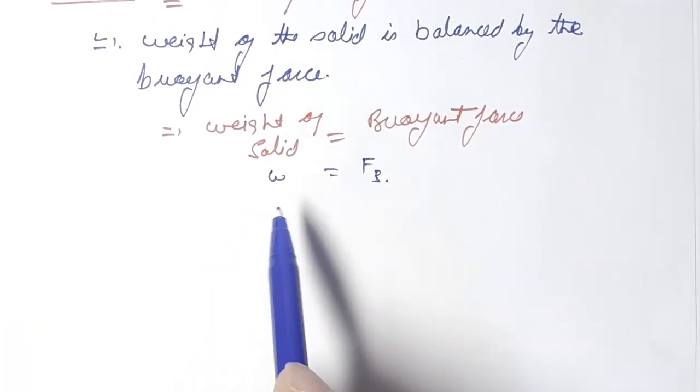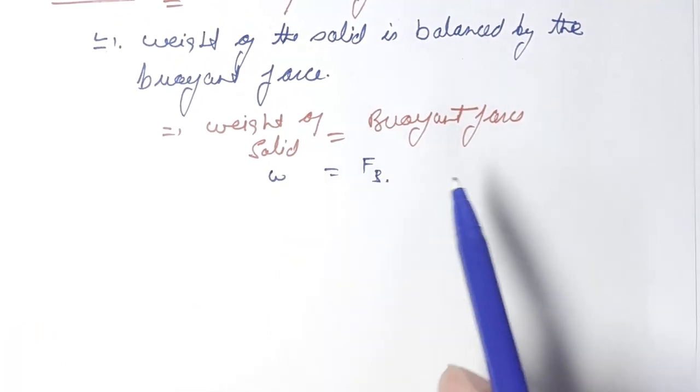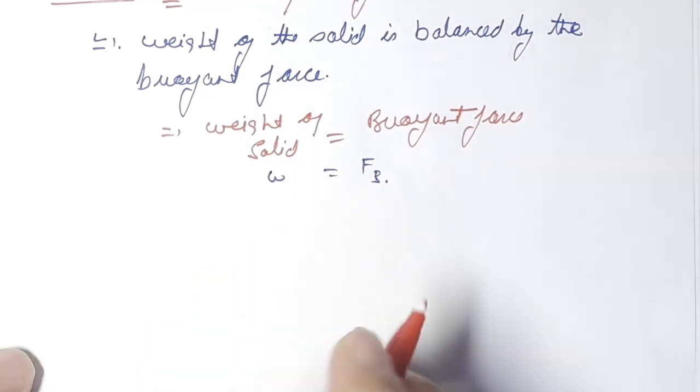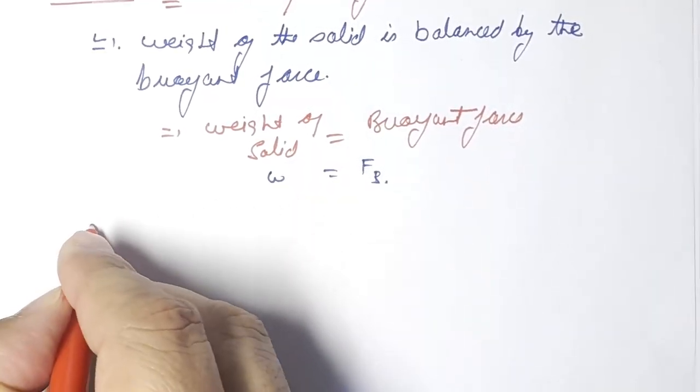So let us find out what will be the weight of the solid or value of W, and similarly let us find out what will be the buoyant force. So we start with the weight of the solid.